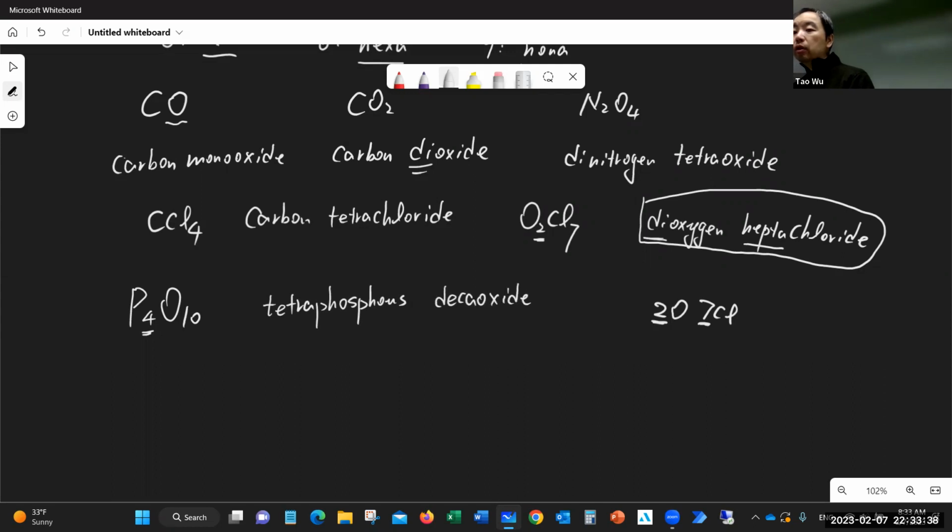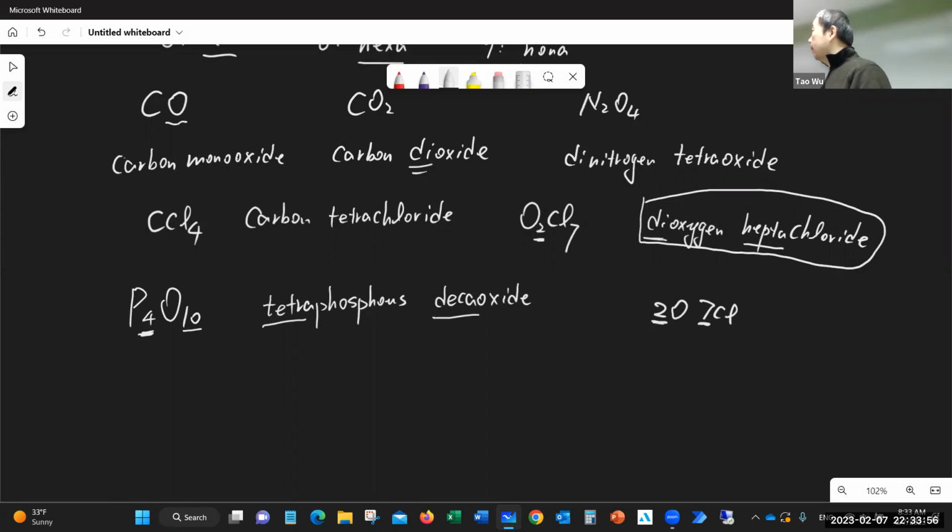Okay, so you just need to specify the prefix. If you know how to pronounce and write those prefixes, then you should be able to write the formula, or give it a name.